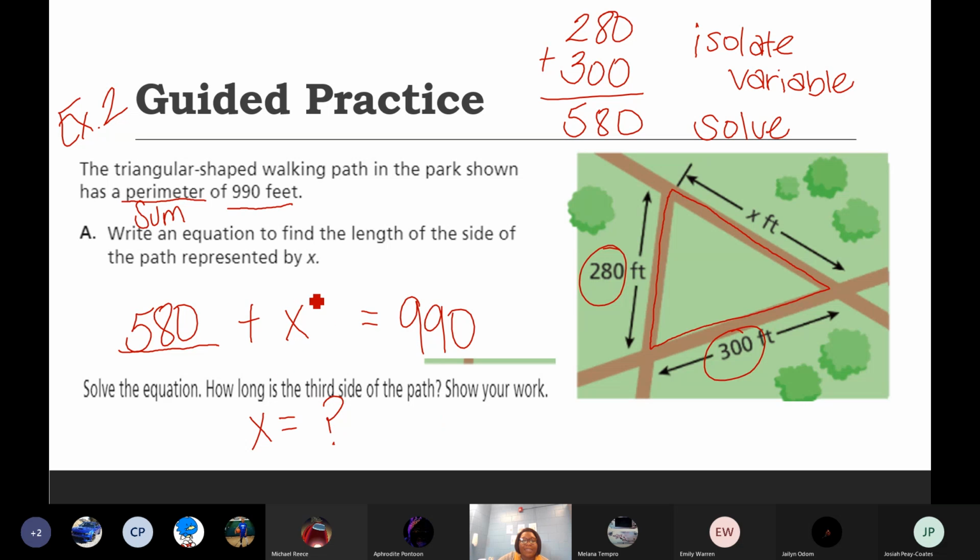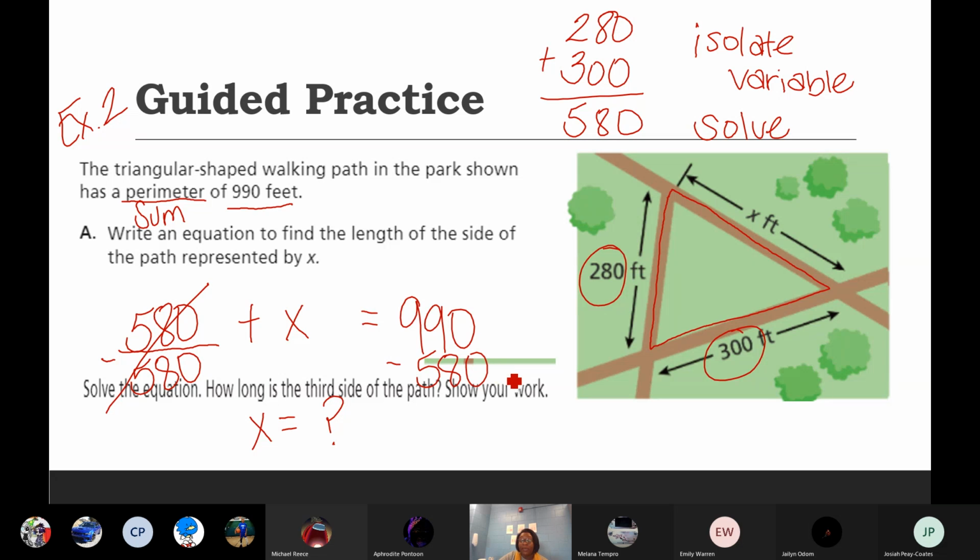Remember, we want to isolate our x. So if 580 is being added here, what's the opposite of addition? Subtraction.